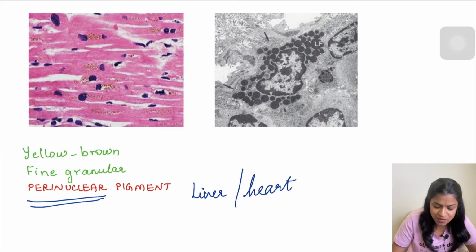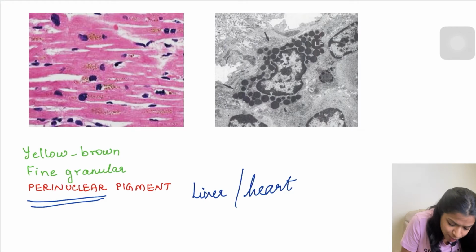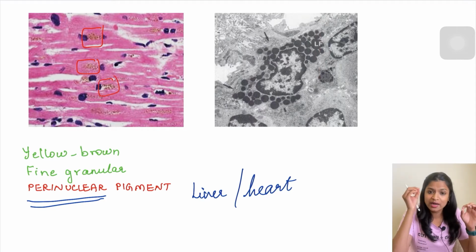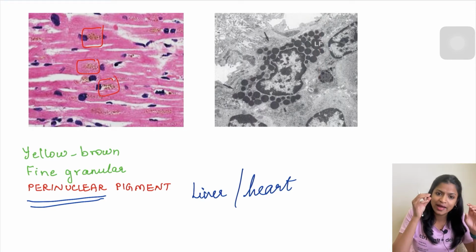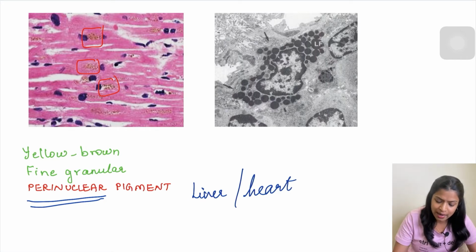This first image is that of heart cardiac muscle, in which you can appreciate this pigment. It is all in a perinuclear location, wherein it appears yellowish brown, and a finely granular appearance of this lipofuscin is seen. Okay, and the second image is the electron microscopic image.